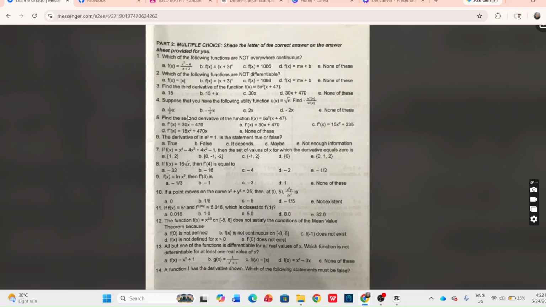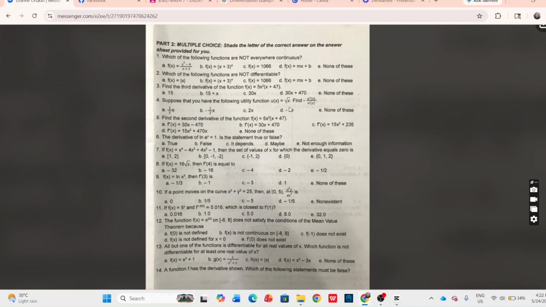Number 4, suppose that you have the following utility function u of x equals the square root of x. Find negative u double prime of x all over u prime of x. So, of course, we will get the double prime of this function and then divide it by the first derivative of this function.